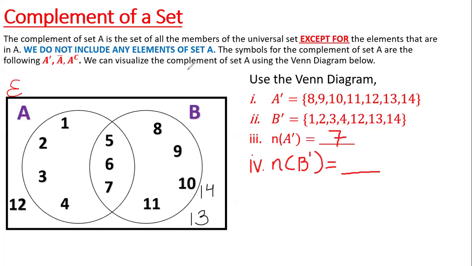It's the same thing? Yes, sir. Okay, so let's count. Complement of B is going to be 1, 2, 3, 4, 5, 6, and 7. So the number of elements in the complement of B is definitely going to be 7.